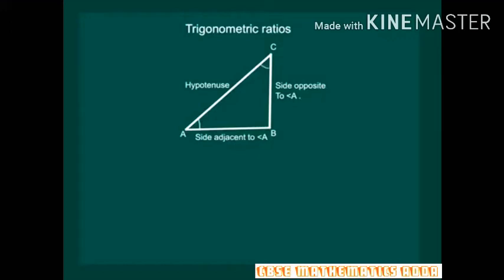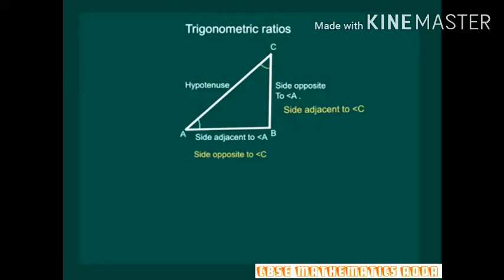If we consider the angle C, then AB is the side opposite to the angle C, and BC is the side adjacent to the angle C, and AC will be the hypotenuse.